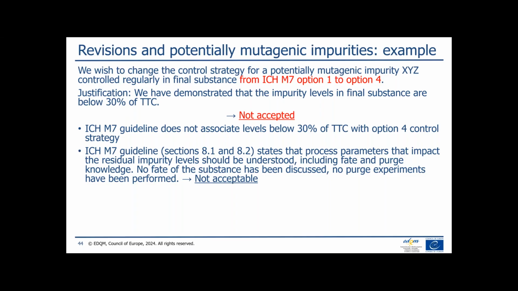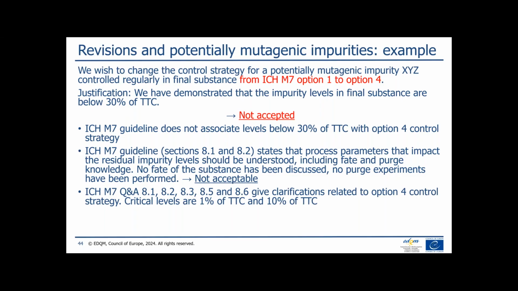ICH M7 states that in order to justify option 4 control strategy, we have to understand the process parameters that impact the purge of the impurity, the residual levels of the impurity, and the fate of the impurity. There is a typo on the slide. So if the fate of the impurity has not been discussed and no purge experiments have been performed, this is not acceptable.